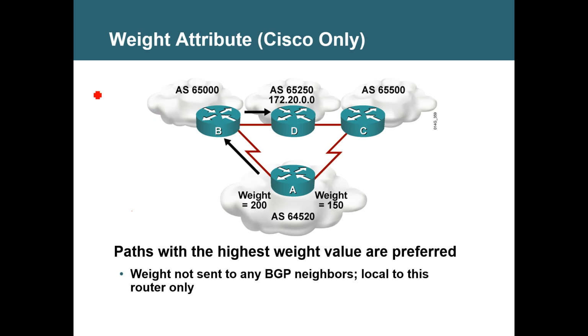But I can tell you, because you have asked, weight is the first attribute. Local preference is the next attribute, and then locally originated is another attribute, and then AS path is another attribute. Origin code is the next attribute, and then comes MED.